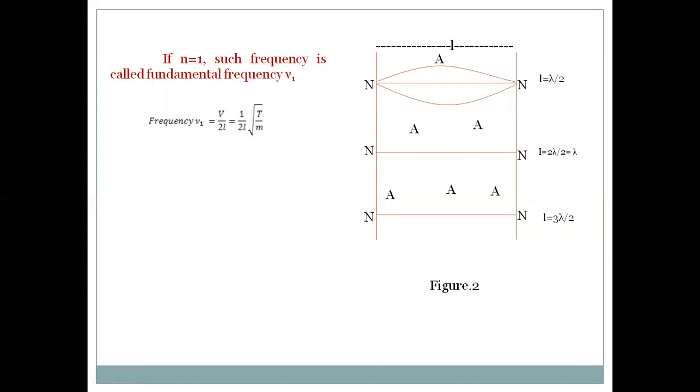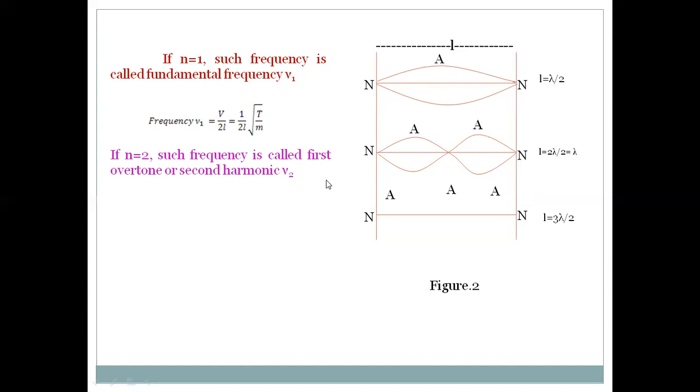If n is equal to 2, there are 2 loops like this. We know the distance between 2 nodes is lambda by 2. Here there are 3 nodes. From this node to this node is lambda by 2, so lambda by 2 plus lambda by 2, 2 lambda by 2, that is lambda.